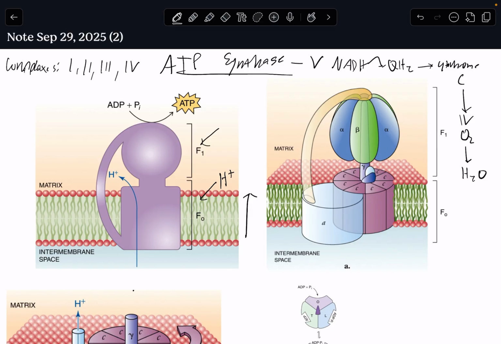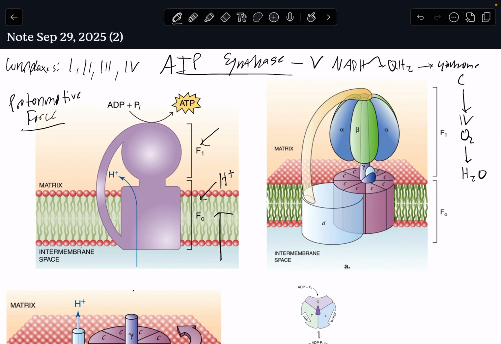If we were to move them from the matrix to the inner membrane space, it doesn't generate enough free energy to drive the phosphorylation of ADP and inorganic phosphate to ATP. So to be able to generate enough free energy, we need to move these protons back this way from the inner membrane space to the matrix, and that's called proton motive force.